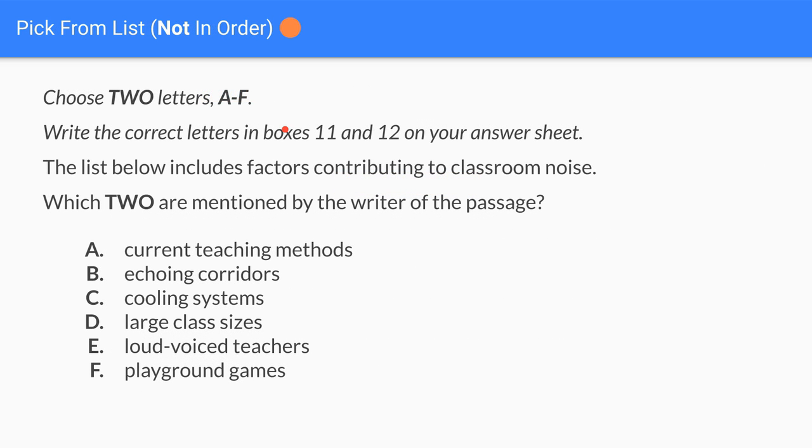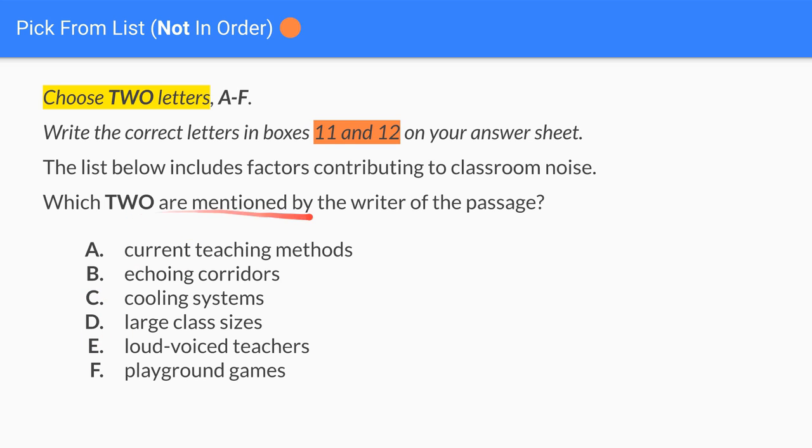Now, the next question type is pick from the list, and this one is also not in order and a difficult one. The way to identify this is by reading up here. It says choose 2 letters. And here we have our 2 questions for which we have to choose 2 letters.